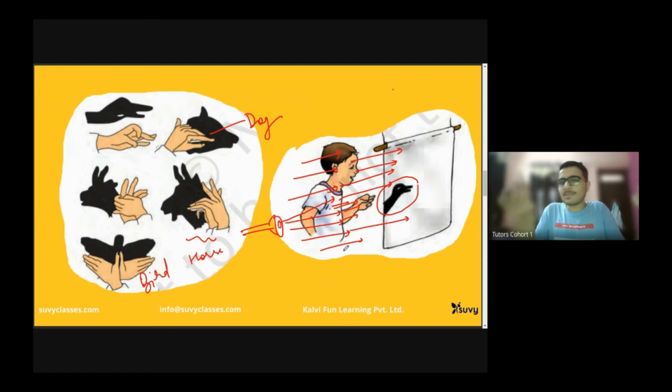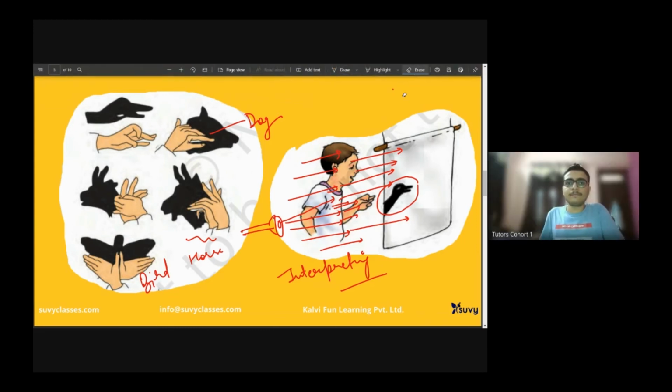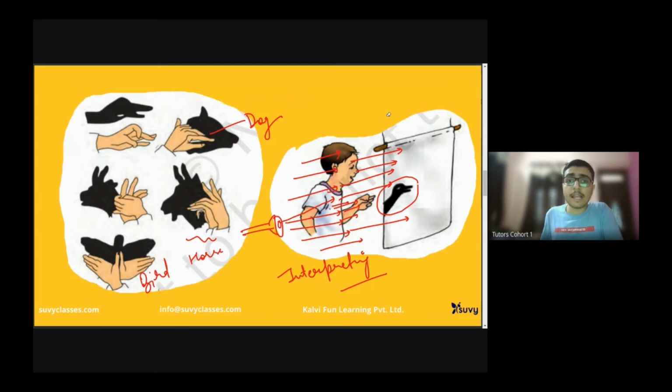It will help you in better understanding what shadows are, and you will get better clarity. It's a small play. You can challenge your friends: make a dog using your hands, right? Will you try it? I'll ask in the next session, did you try it or not?